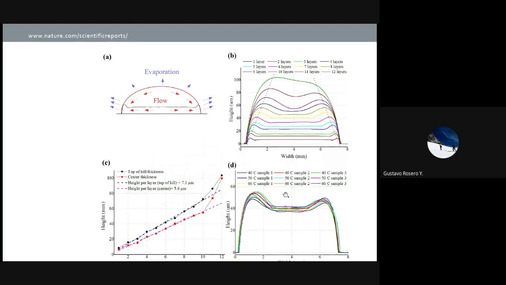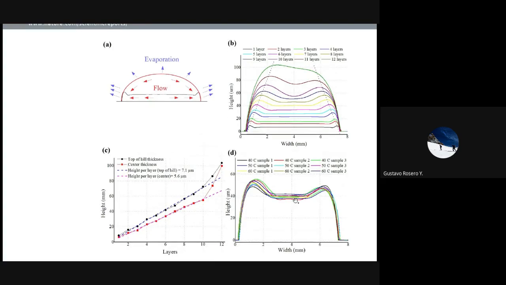They try to simulate this behavior in the figure, but the real measures are in the 12 layers, also in SU8 ink.